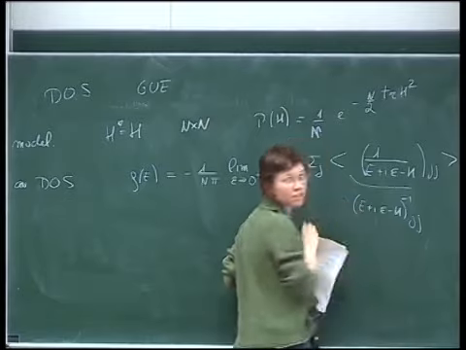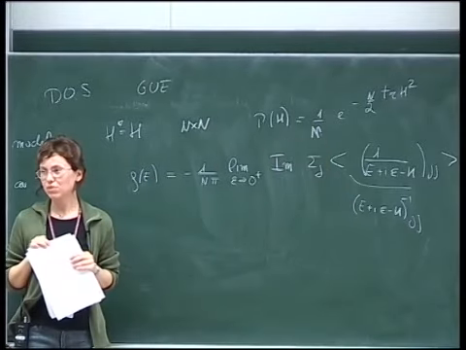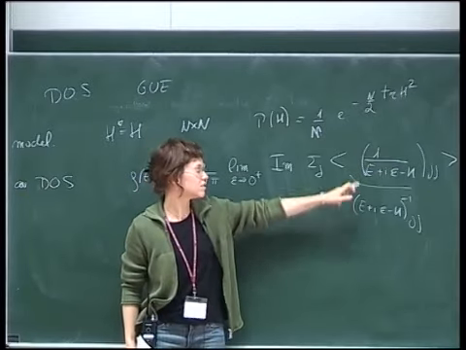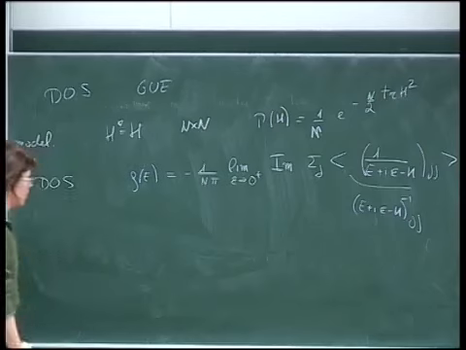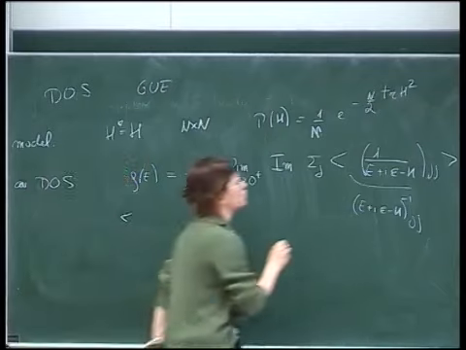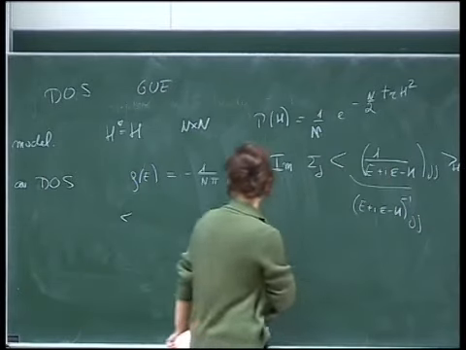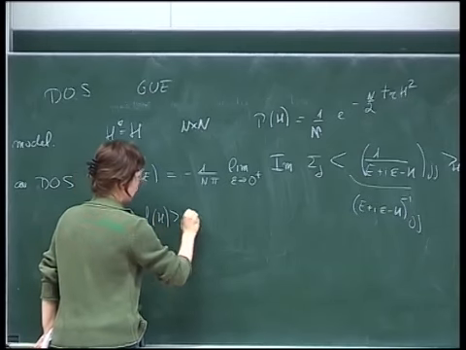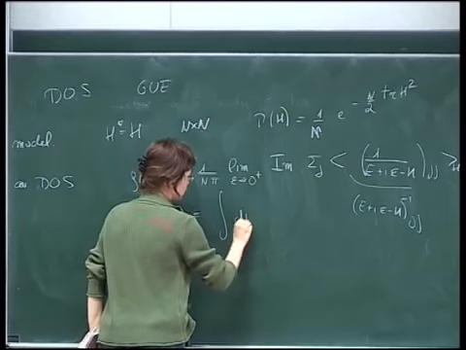Generally mathematicians prefer these notations and the physicists use this notation. And remember that here the average is over H, and average over H means integral over dH.